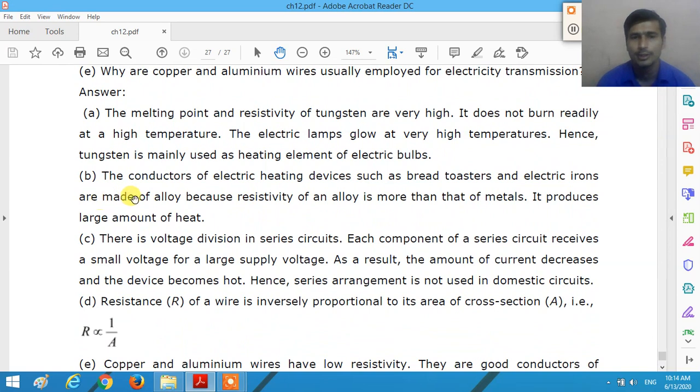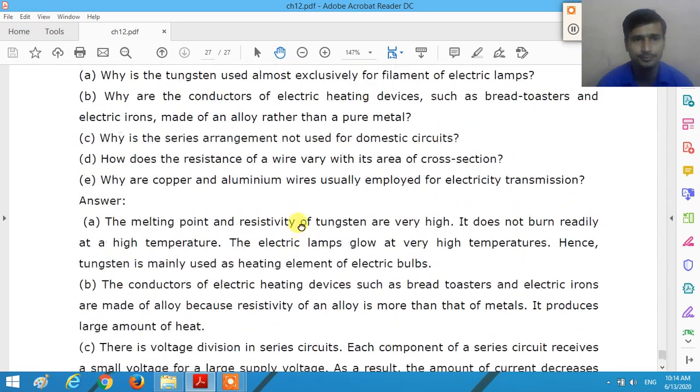So dear students, the conductors of electric heating devices such as the bread toaster and electric irons are made up of alloys because the resistivity of alloys is more compared to metals, so they produce a large amount of heat, right?